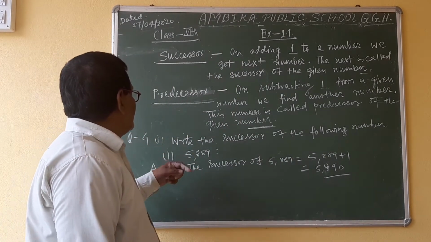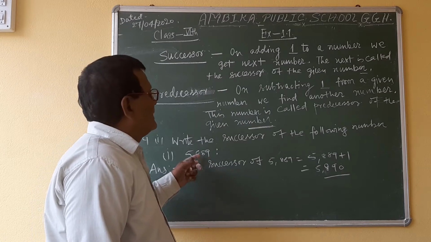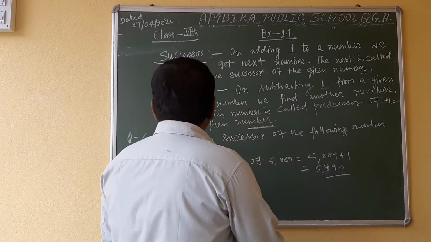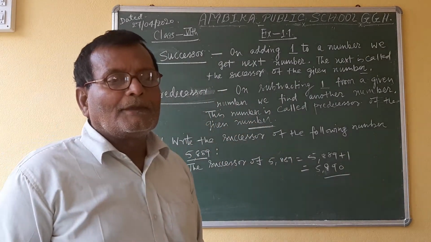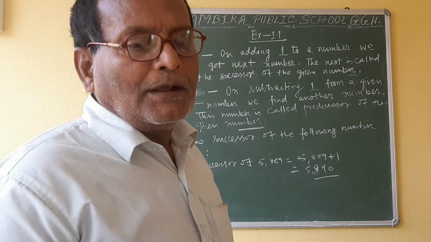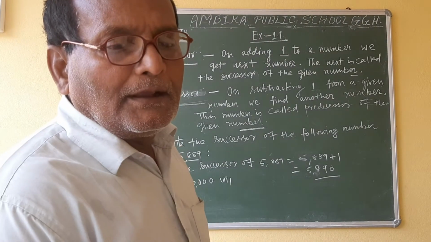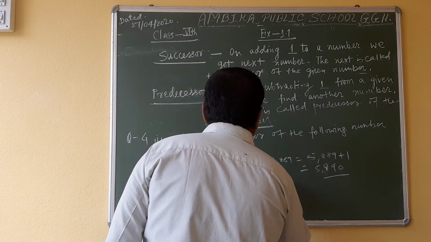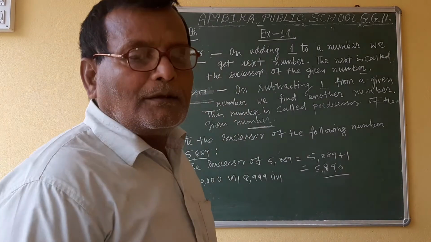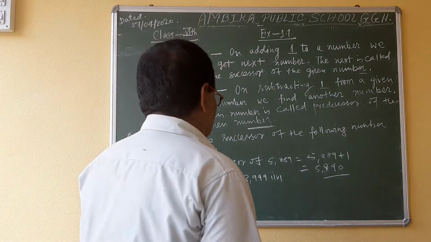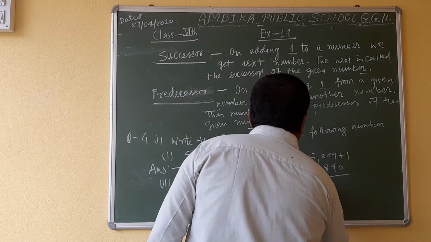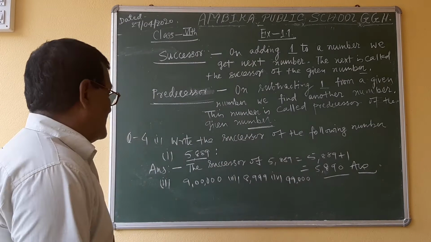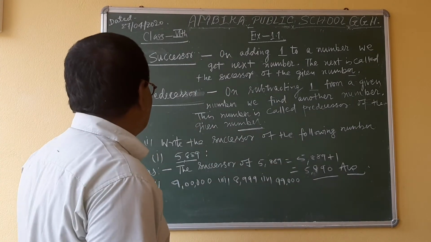On adding 1 to 5889, we get 5890. So 5890 is the successor of 5889. Similarly, you will solve the 3rd question, 899, and the 4th question, 9930. You will solve it.